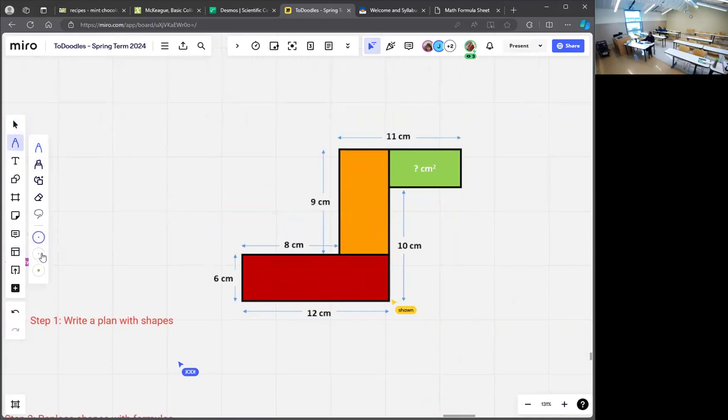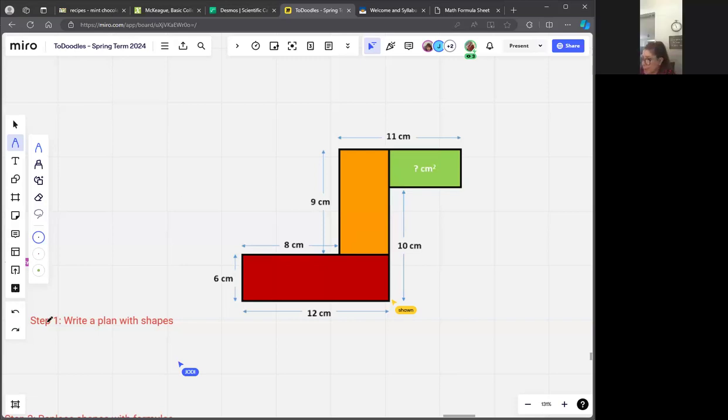Do I know the length times width for my green one? If I could find length and width, I could just multiply them.